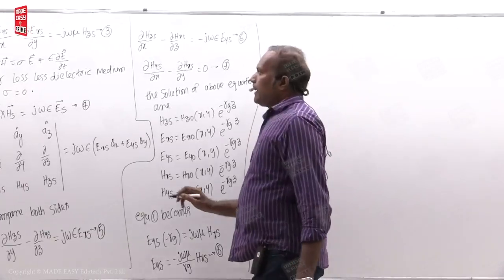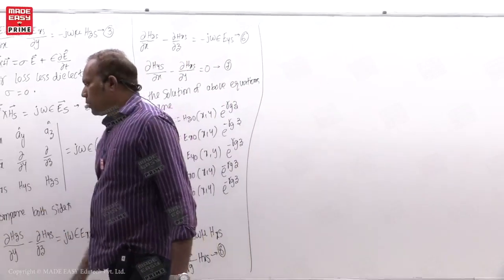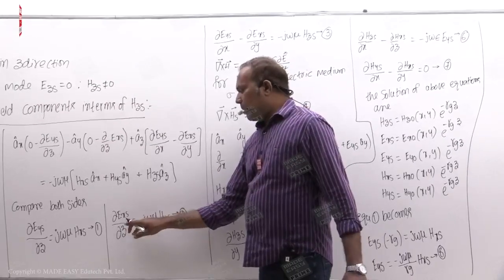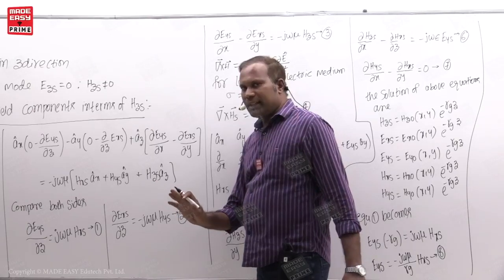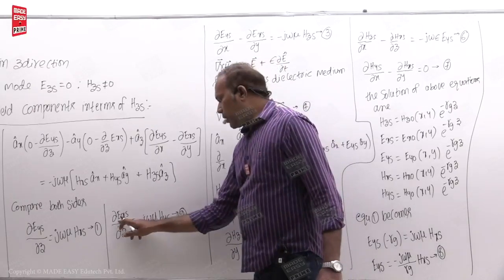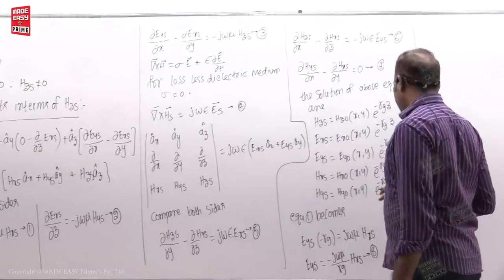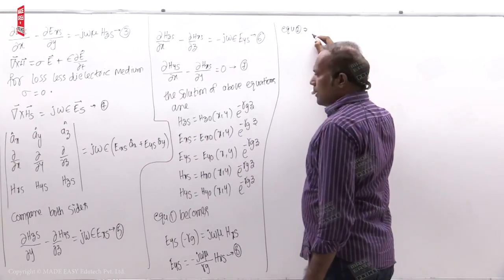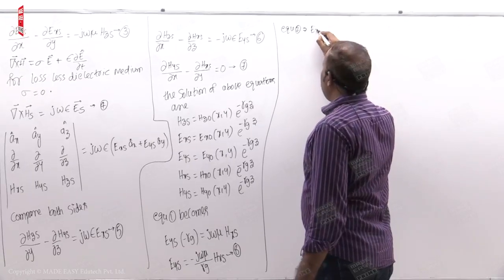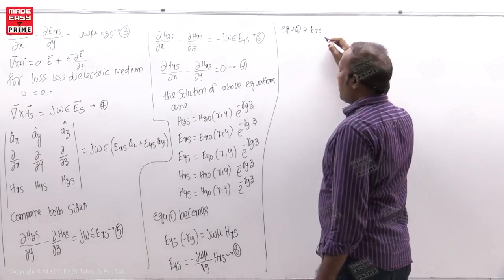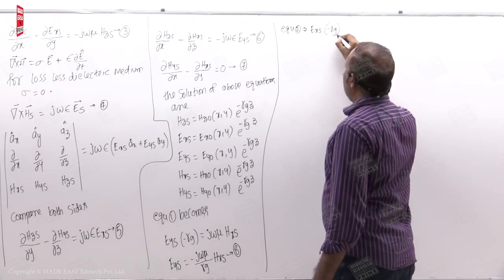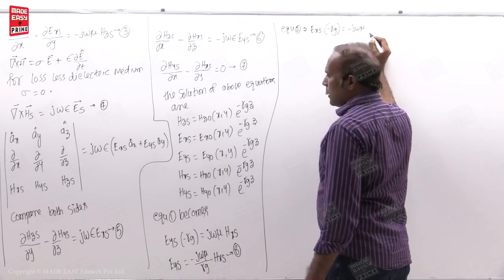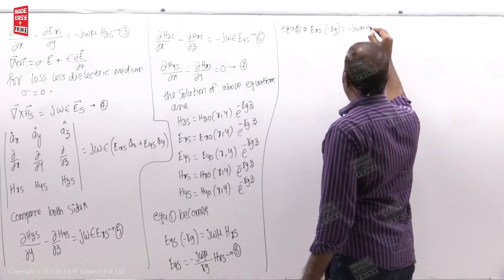Similarly, equation number 2, wherever dou by dou z is there, for all of them it happens. But dou by dou x is there, dou by dou y is there, you should not do that. So once again equation 2 becomes Exs minus gamma g is equal to minus j omega mu into Hys.